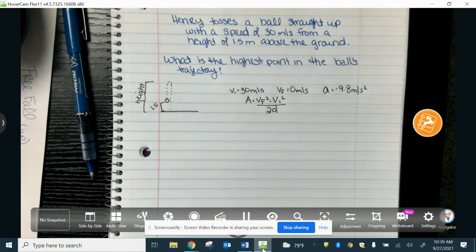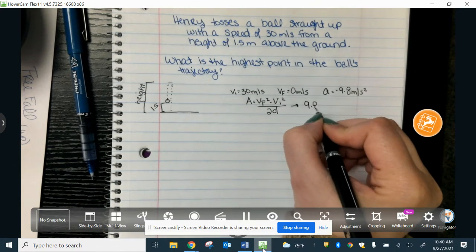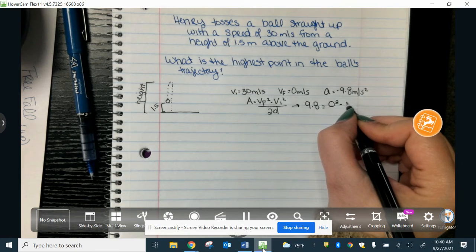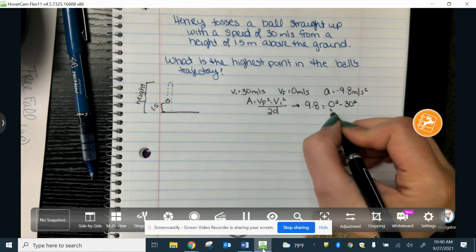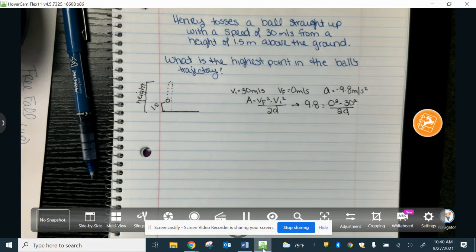I'm going to use this equation because I do not have time. So a equals vf squared minus vi squared over 2d. And I have to plug in what I know. And it's going to look like that.